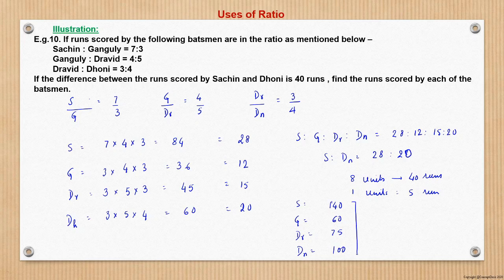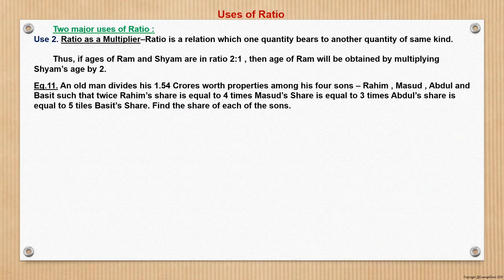So these are the individual runs scored by different players, and this is the answer. So this is the way we solve the questions based on bridging between the different elements or the quantities of a ratio, right? So this formula, or the relation, helps save you much of a time. So that we will use going forward.